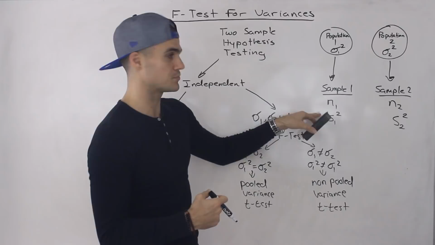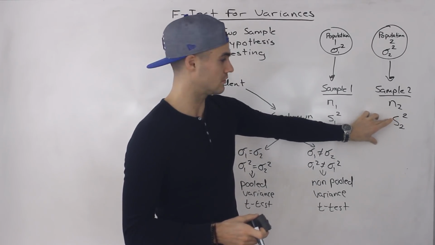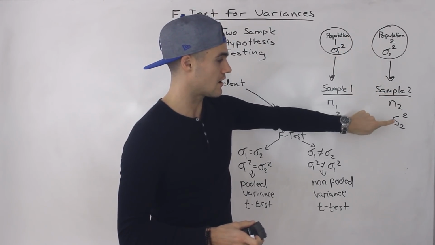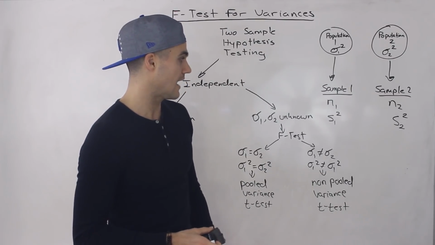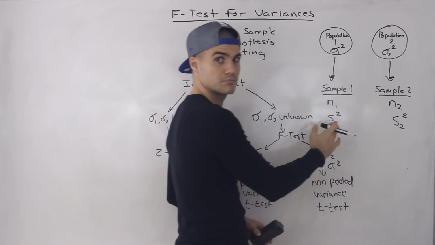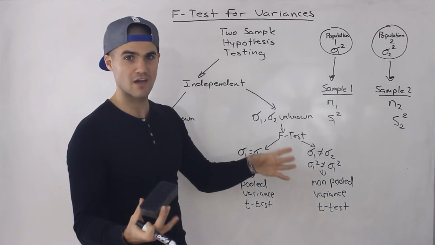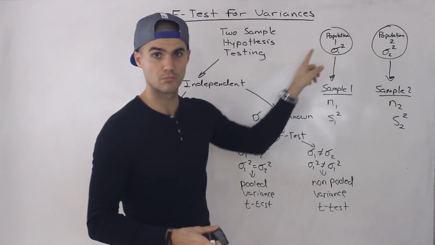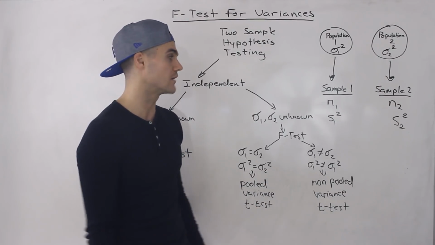So S1 squared would be the sample variance. Same thing here. S2, sample standard deviation of this population. S2 squared would be the sample variance. And then what we want to do is we want to test if there's any differences between these. And then from there, we can see how much evidence we have to make a conclusion about these actual population variances and their respective differences or non-differences.